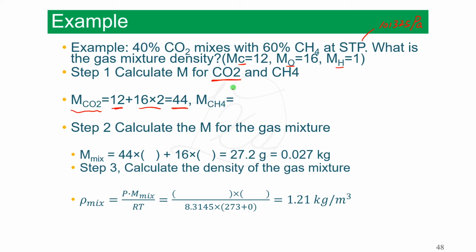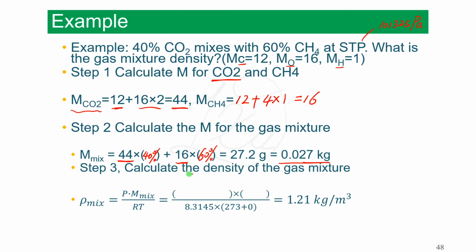For methane, there's 1 carbon plus 4 hydrogen, which equals 16. The next step is to calculate the molecular weight for the gas mixture. This is the molecular weight for CO2, and we have 40% of that, and this is for methane, and we have 60% of that. So the molecular weight equals this.